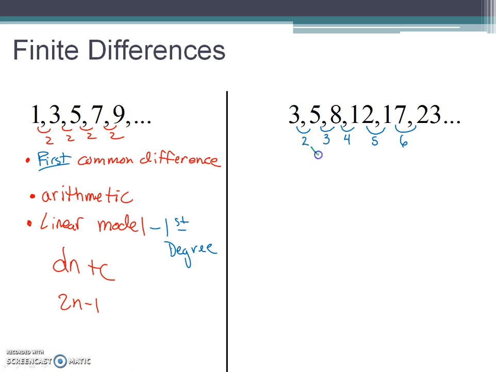But what you can see is that these are all separated by 1. This is called a second common difference. And a sequence with a second common difference can be written as a second-degree polynomial function.